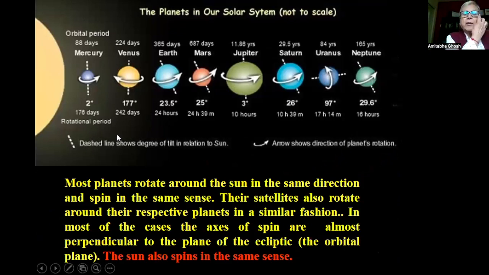Most planets rotate around the sun in the same direction and spin in the same sense. Their satellites also rotate around the same respective plane in a similar fashion. In most cases, the axis of spin is almost perpendicular to the plane of the ecliptic or the orbital plane. The sun also spins in the same sense. So this ultimately gave some hint to the birth of our solar system.